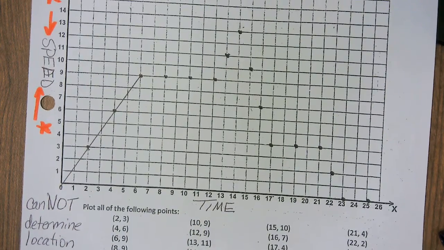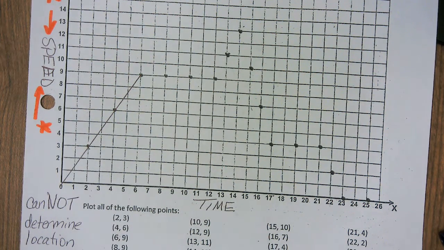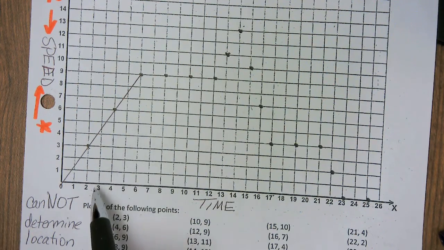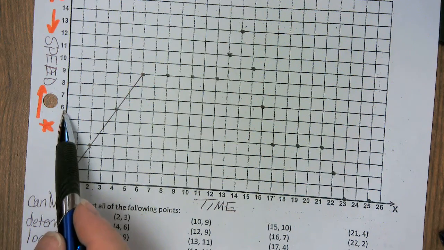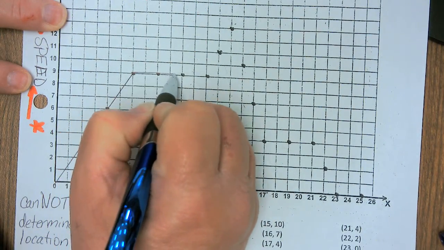I don't actually have to do any calculating to know what speed I was going. Before, on the distance graph, we had to take the data from this section and this section, plug it into our formula to find the speed. That is no longer necessary. If I want to know the speed at a time of 4 seconds, I just look it up. Speed is 6.